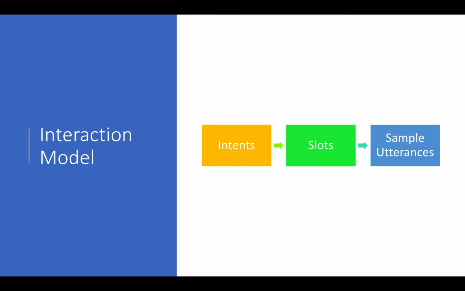So if my intent was, for example, I like to eat, right? I like to eat, or I like to order. That's my intent, order intent, right? So the slots could be, if this skill was a restaurant skill, the menu items in the restaurant.